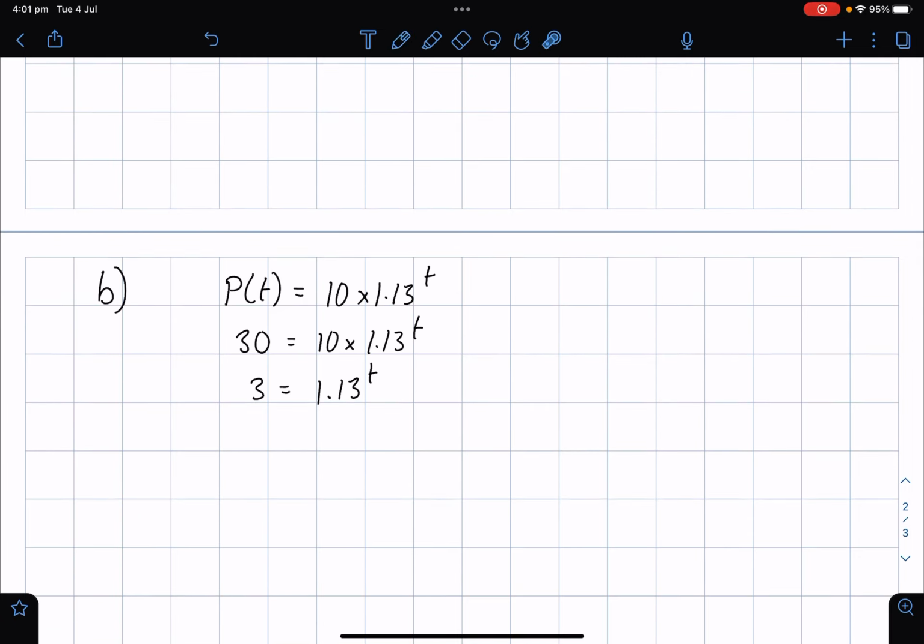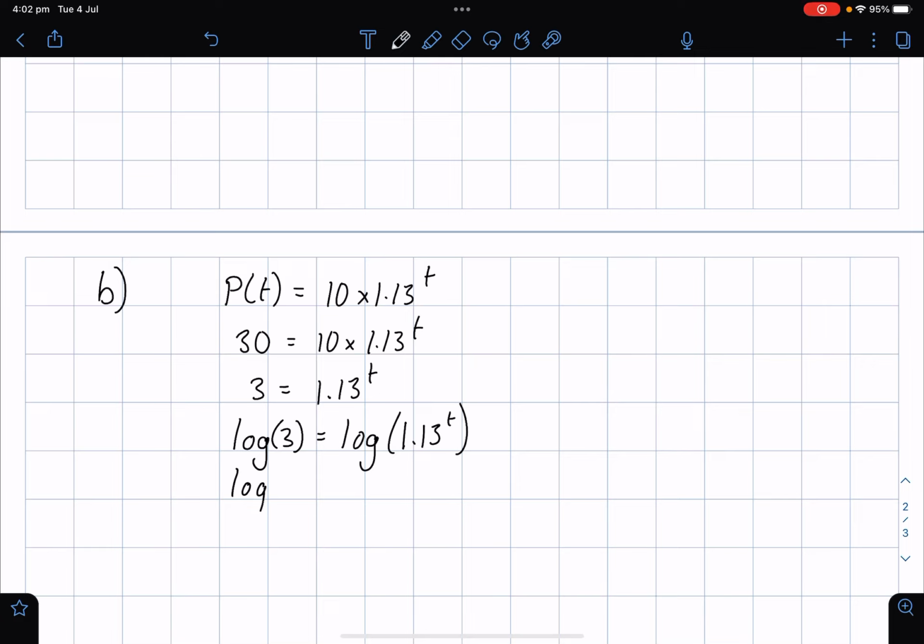Now, thinking back to our last video and solving exponential equations for unknowns, we want to take the log of both sides. Because there's no e involved, we use the regular base 10 log. Okay, so 1.13, I forgot the power of t, so let's put that in there. Now I know with my log laws, this t can come out the front.